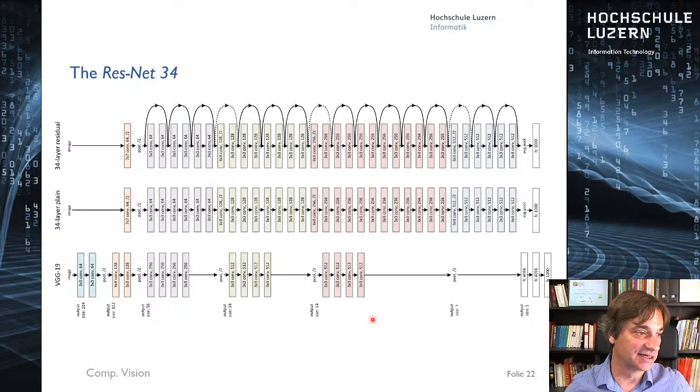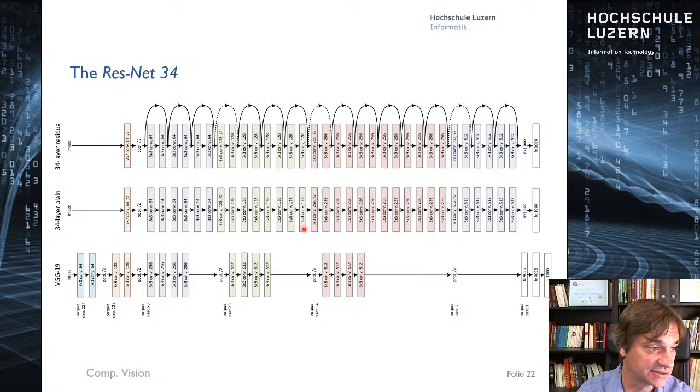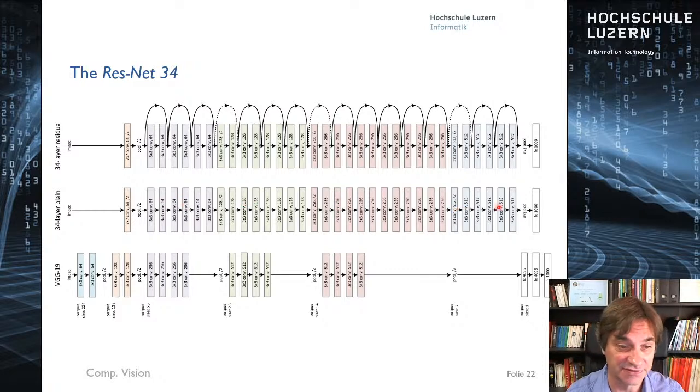And so they tried this first with a 34-layer network. They organized it a bit similar to the VGG, but also took something from the AlexNet. So they started with a 7x7 convolution at the beginning, and then they just had blocks of 3x3 convolutional filters, like the VGG, with increasing channels: 64, 128, 256 to 512.